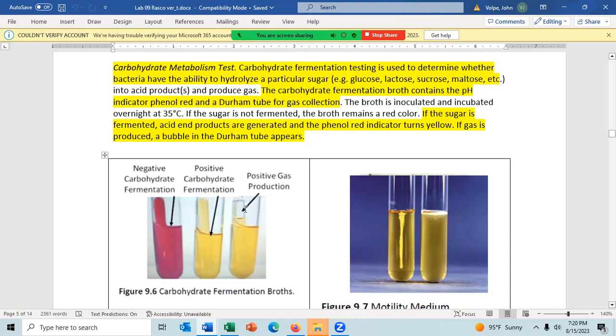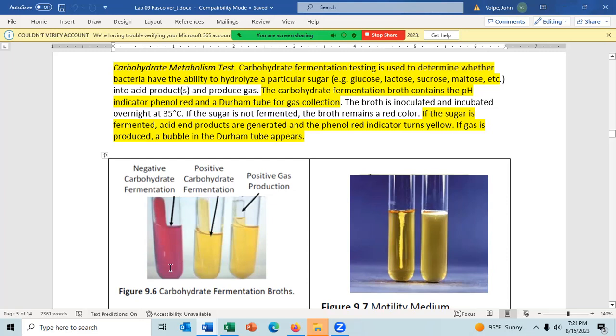If there is a bubble, then gas is produced, and you score this one as AG. Generally, if there is a bubble, there's fermentation going on, and so you'll always see AG with gas. But you could only have A, where fermentation occurs, producing the acid, but the fermentation does not produce gas, and so you only score that as A.